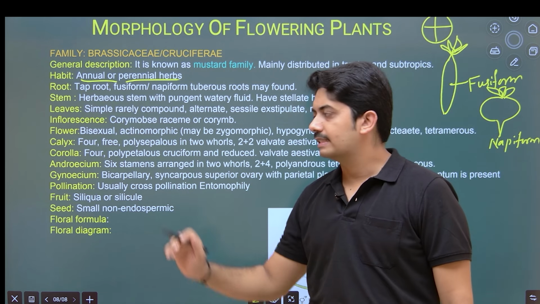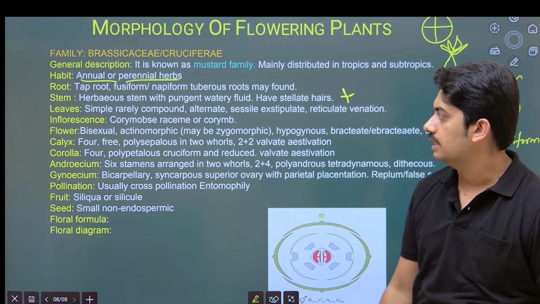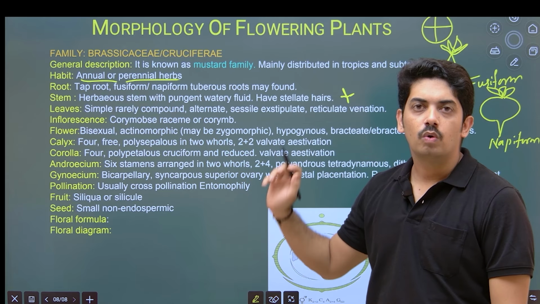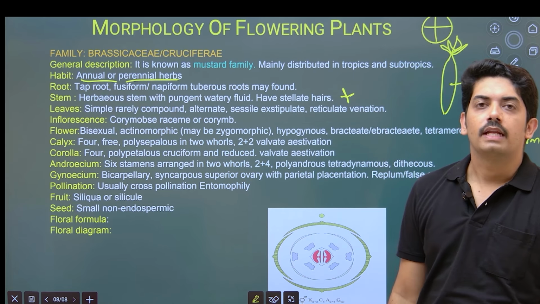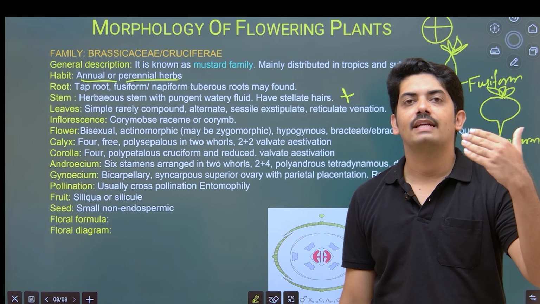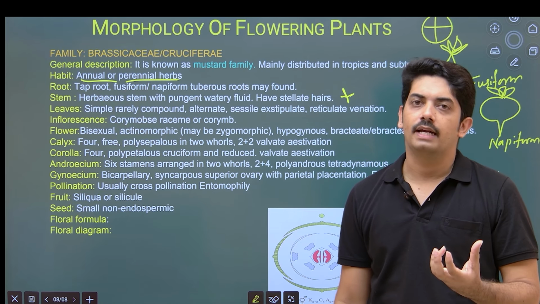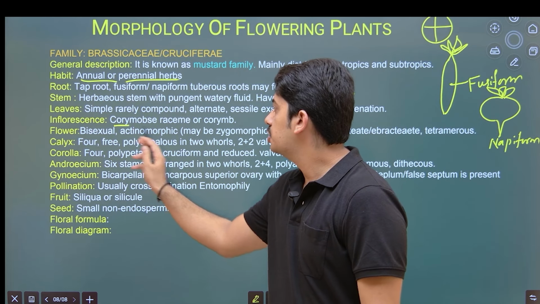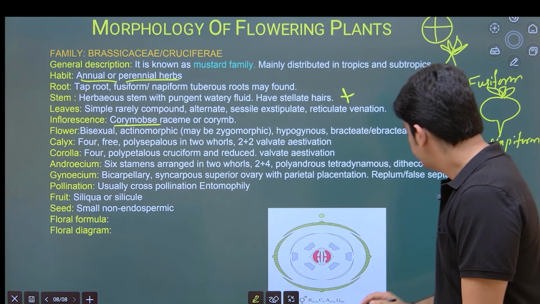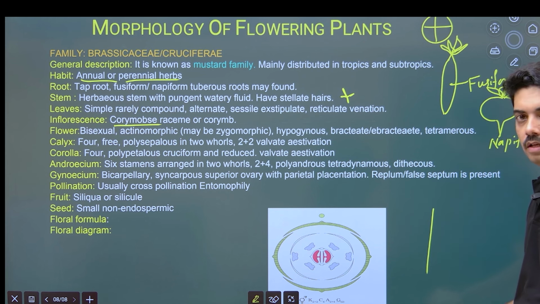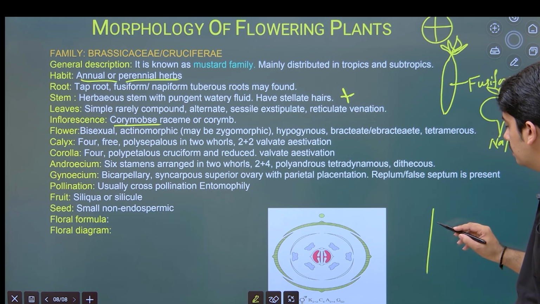Now coming to the next character, that is inflorescence. Corymbose raceme or corymb inflorescence. Racemose inflorescence means here we observe younger flowers at the tip, older flowers at the base. But in this corymbose condition, what happens is, this is the peduncle on which flowers are arranged.